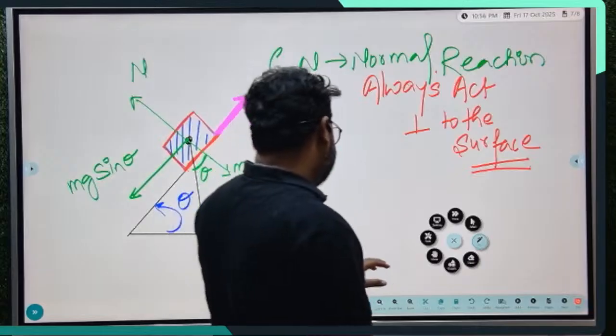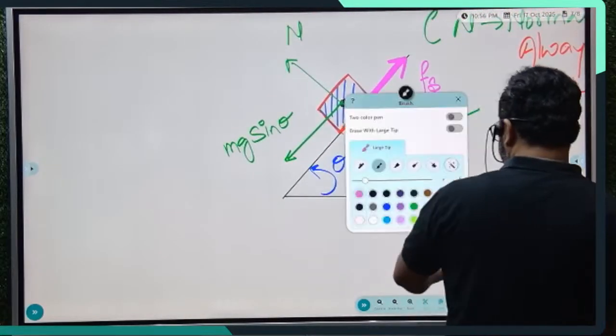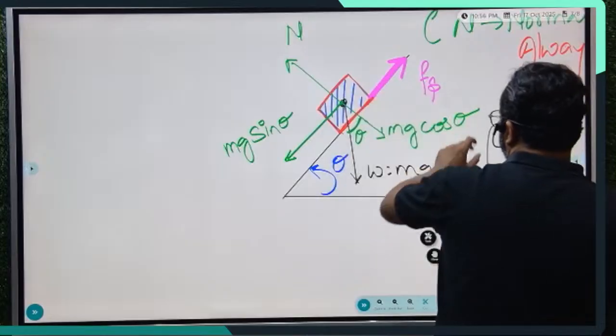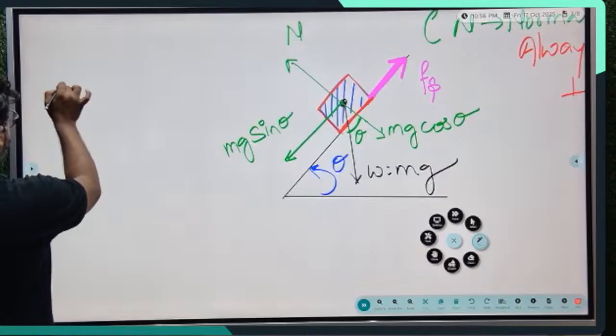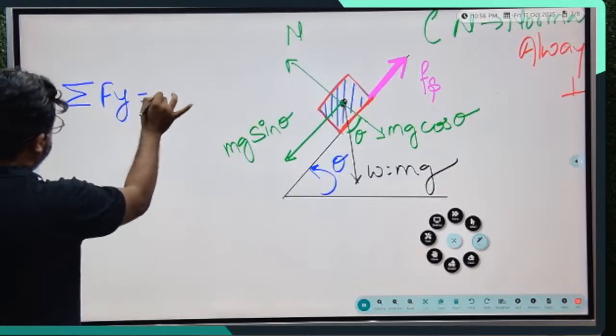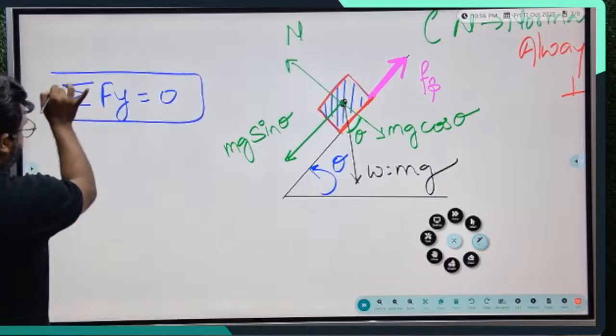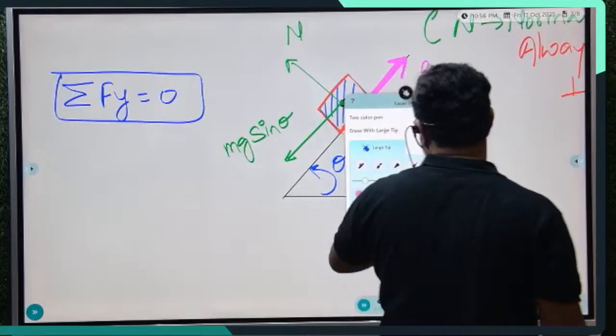Now we need to resolve. We need to find fx and fy. So summation of fx is equal to 0. Summation of fy equal to 0. First we'll find summation of fy equal to 0, the sum of all the forces acting along y-axis. How many forces are acting along y-axis?